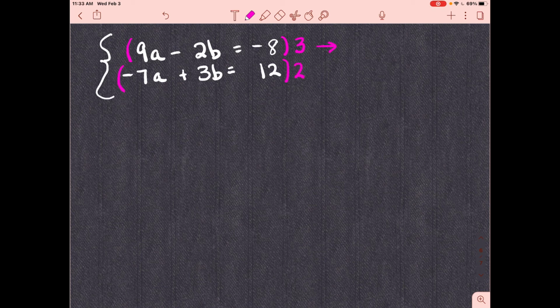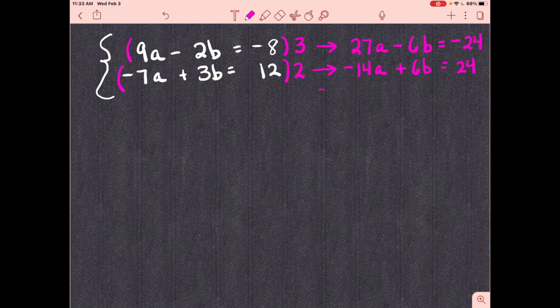So I'm going to end up with 27a minus 6b equals -24. And then for the bottom one, I'm going to end up with -14a plus 6b equals 24.